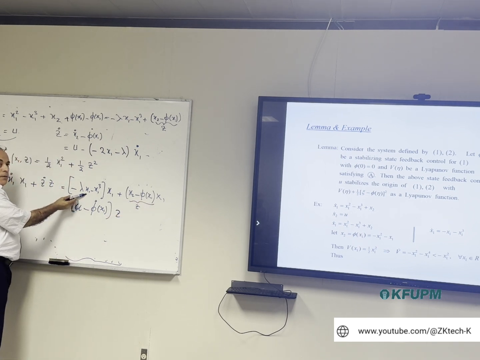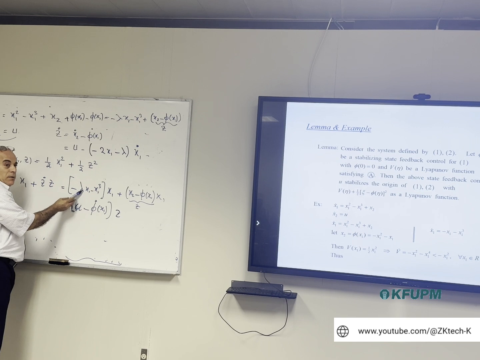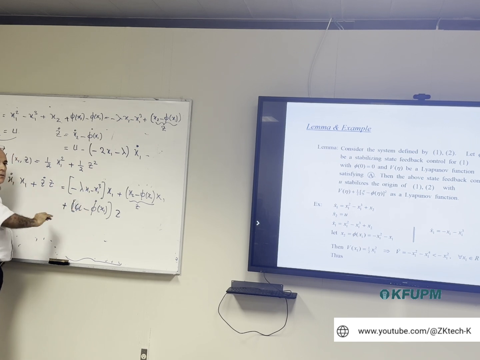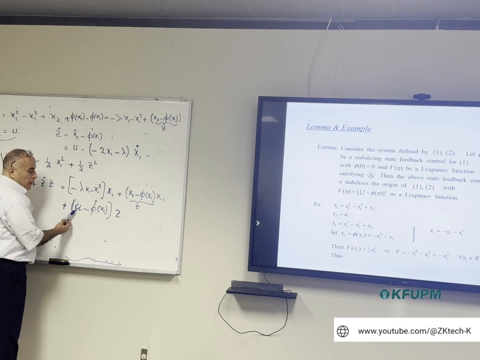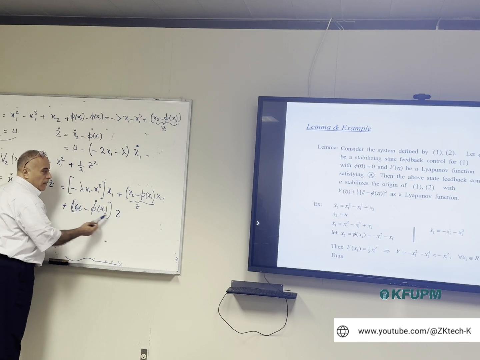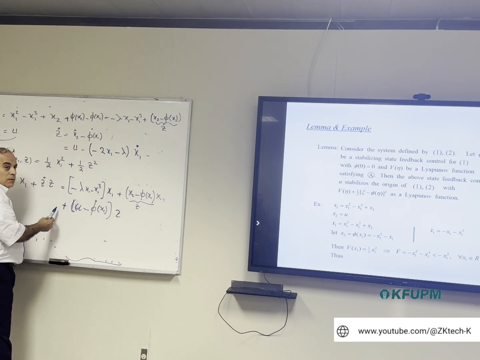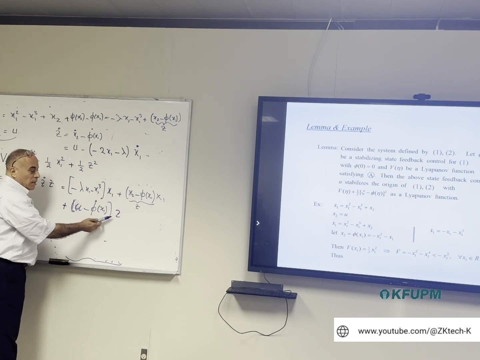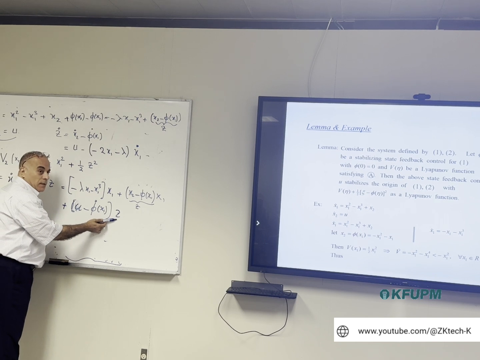So this term, I know it is negative: minus lambda x1 squared minus x1 to the power 4. I know it's going very well to 0, negative. So what I need to do is to define u such that this term that I have here is also negative as a function of z.